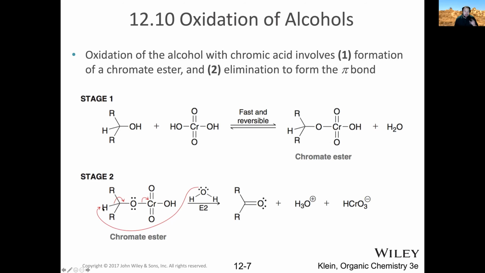The electrons that once held onto it are going to fall onto that oxygen, and then since oxygen is period 2 and can't have more than 8 electrons, the other electrons connecting it to the chromium atom are going to fall off onto the chromium atom.